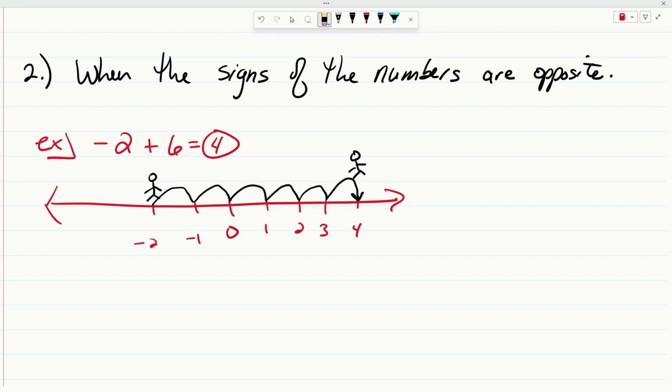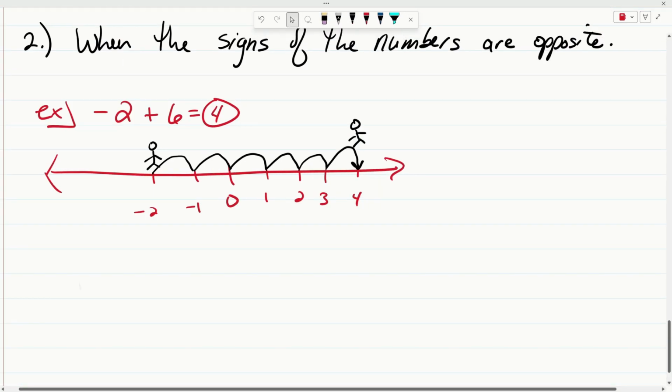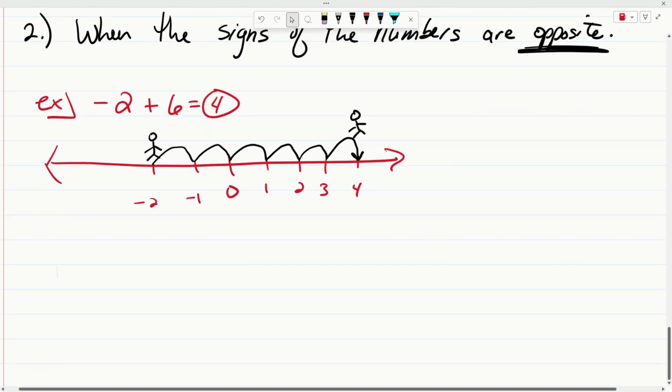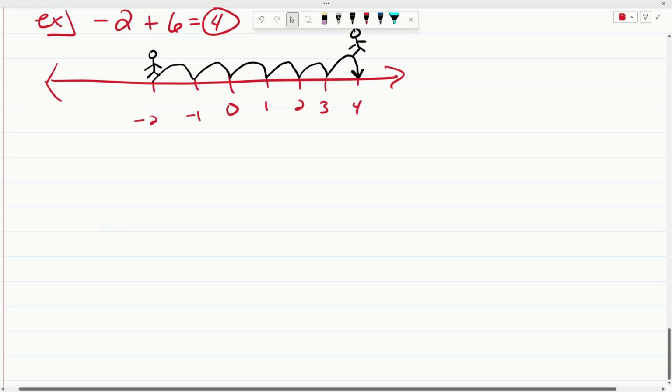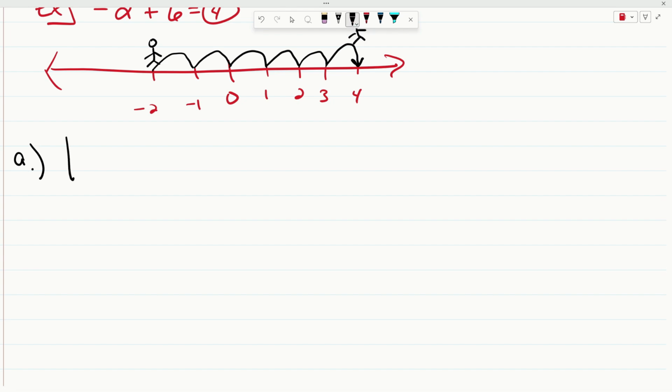So here's what's really happening. All right? When the signs of the numbers are opposite, and even if you already know how to do this, you're doing these 3 steps so fast in your head that you don't even realize it. So when the signs of the numbers are opposite, here's what you're really doing. The first thing you're doing, actually, let's write it as A, is you are taking the absolute value of each number.